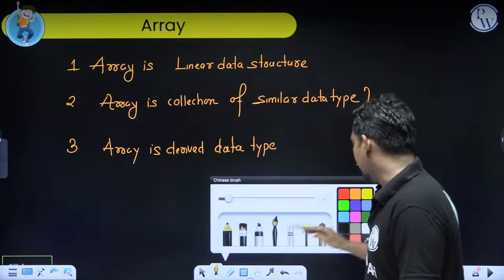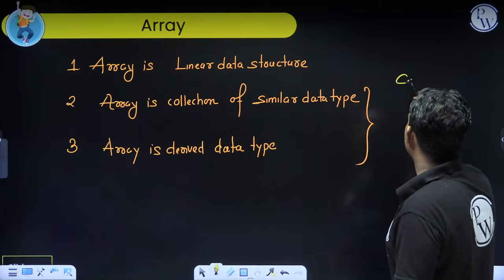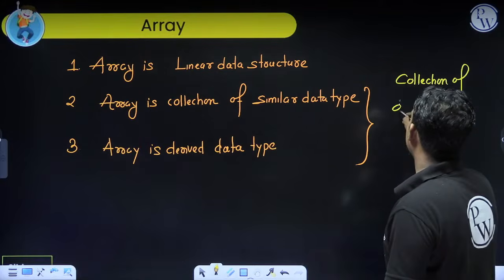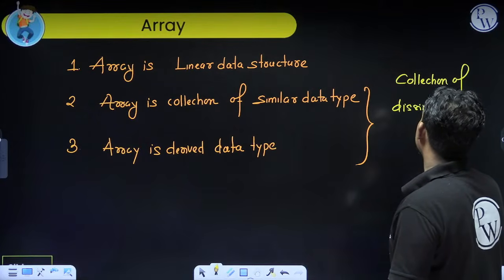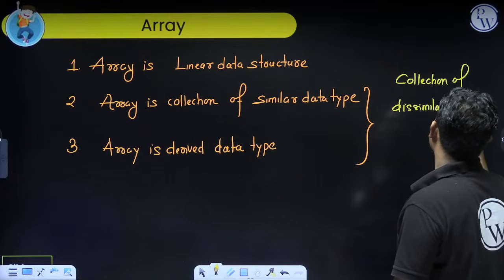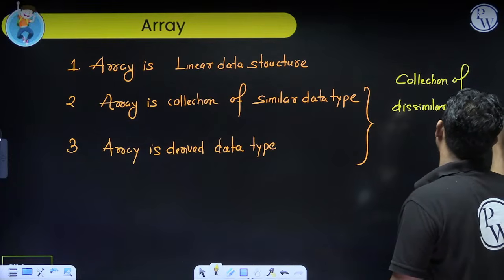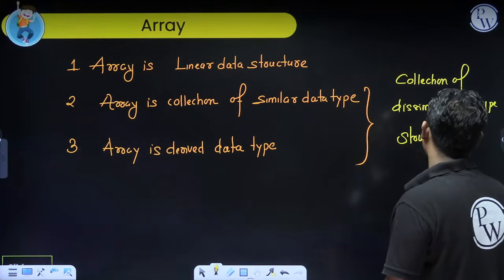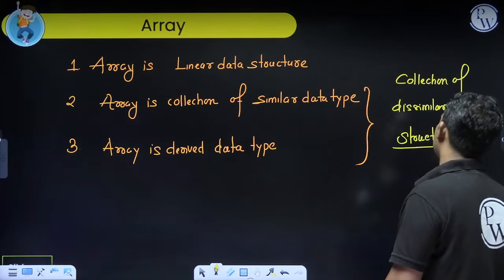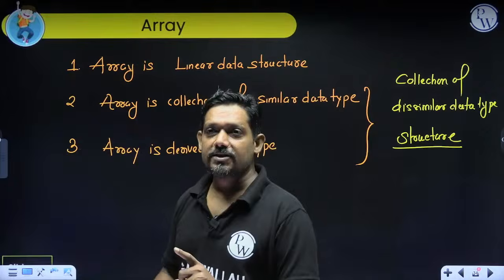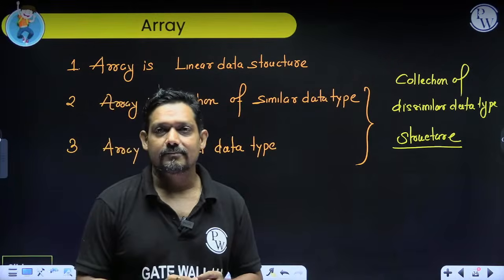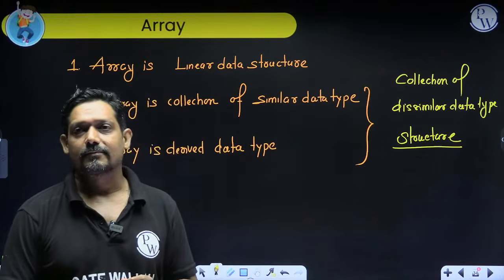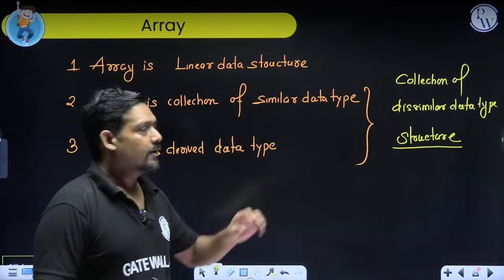This is also important, so I am mentioning it: a collection of dissimilar data type, and that is basically a structure.